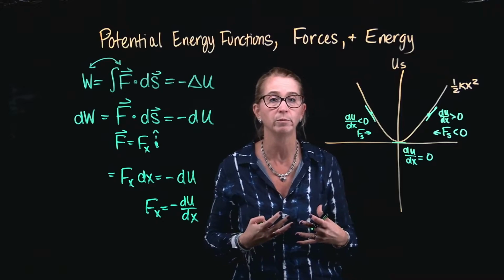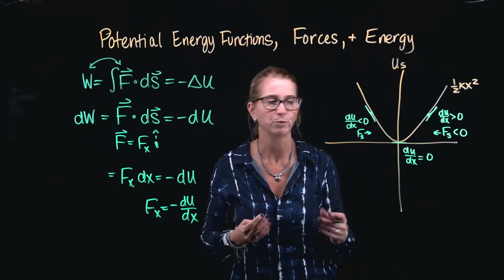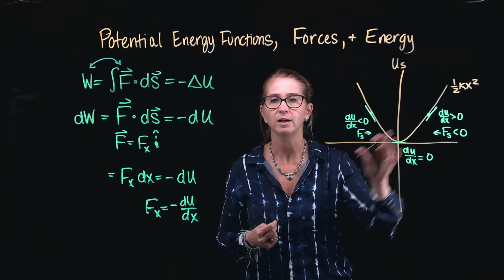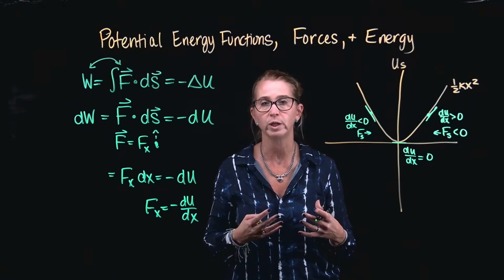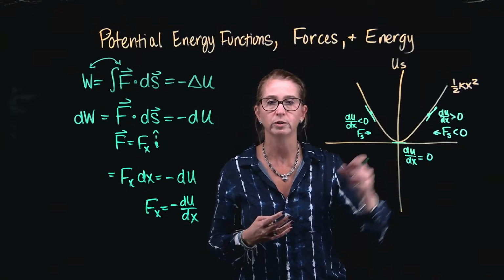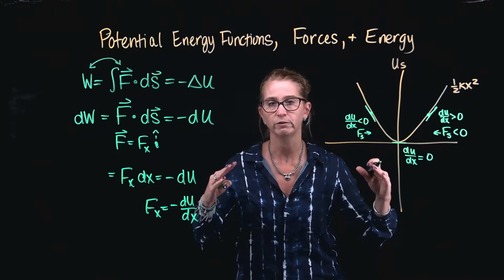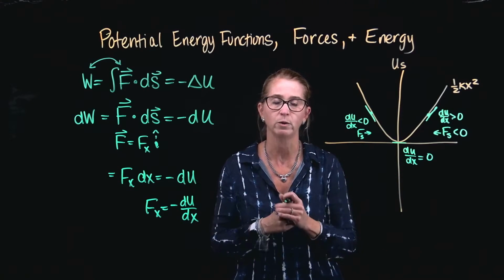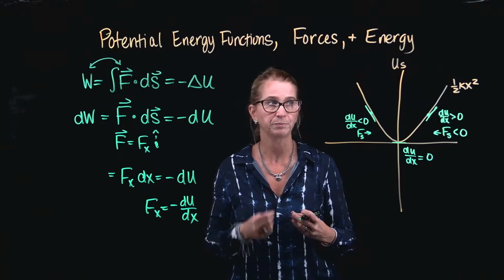That makes it a stable equilibrium. If you wanted to use math terms, where it's concave up is going to be a stable equilibrium. If it was concave down, we would find that the forces were always pushing away from that equilibrium position, and that would be an unstable equilibrium.